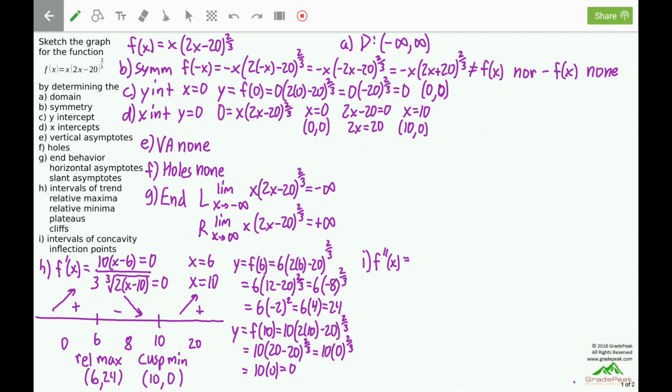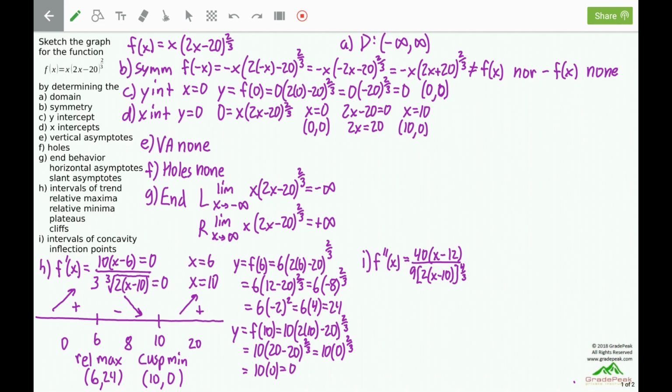So we found the second derivative to be equal to 40 times x minus 12, divided by 9 times 2 times x minus 10, and that entire quantity to the 4/3 power.